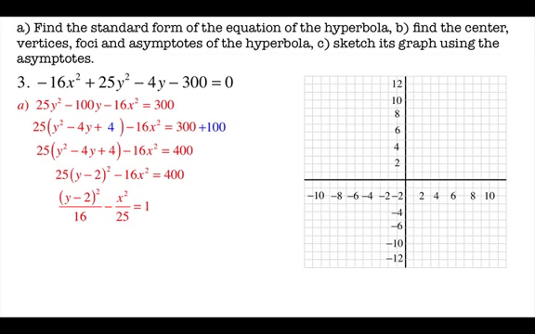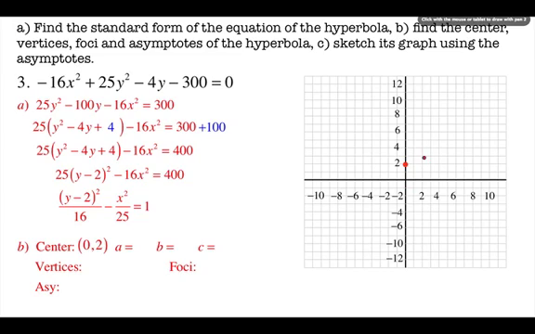Part B says find all that information that you see there. The center is 0, 2. I forgot to mention, notice that this hyperbola, since the y is positive, is going to be opening up and down. So the center is 0, 2. Notice that I graphed 0, 2 on my coordinate plane. There you see it.